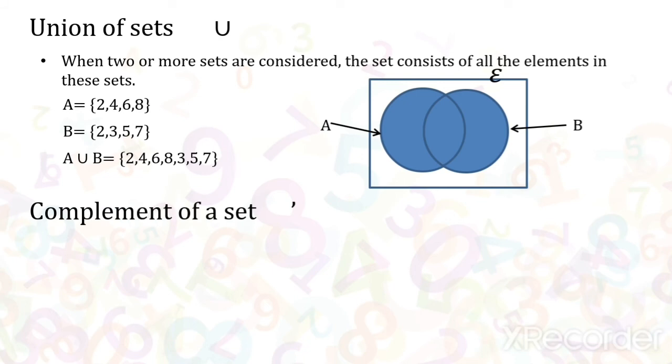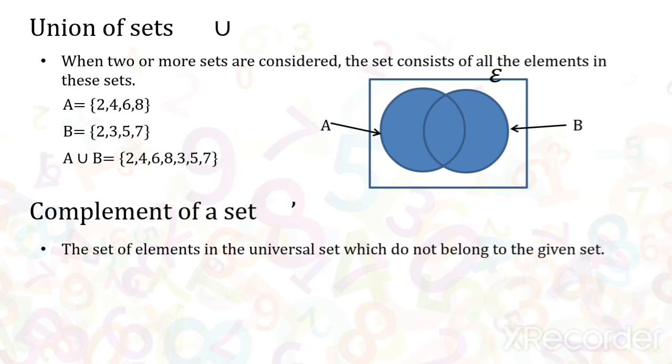Complement of a set. The set of elements in the universal set which do not belong to the given set. Keep that in your mind. Here I have taken an example like this. The universal set is {1, 2, 3, 4, 5, 6, 7, 8, 9}, A is {2, 4, 6, 8}.